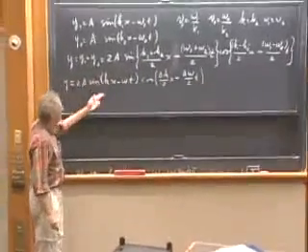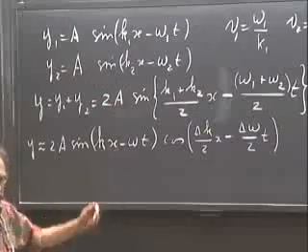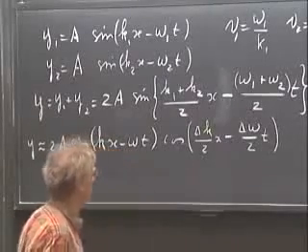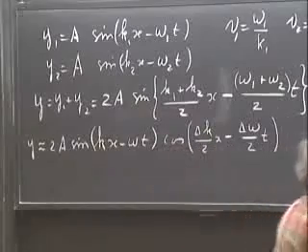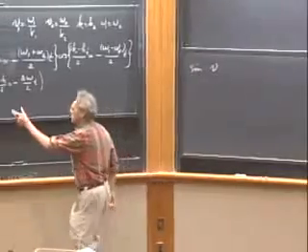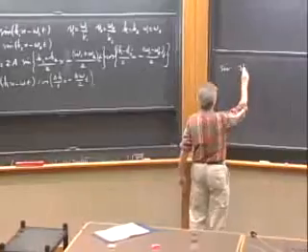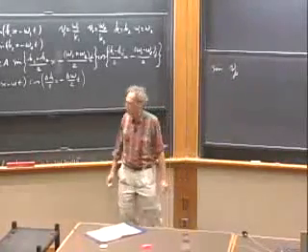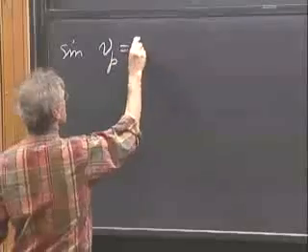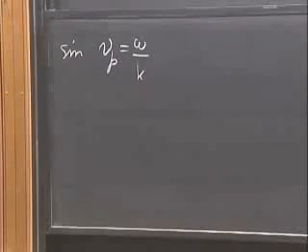And now look at what we have here. The sine alone is a traveling wave, and that sine alone has a velocity, which I'm going to call the phase velocity, with a p, that's our definition of phase velocity, which is omega divided by k. So when you see that wave moving, it will move with that speed.